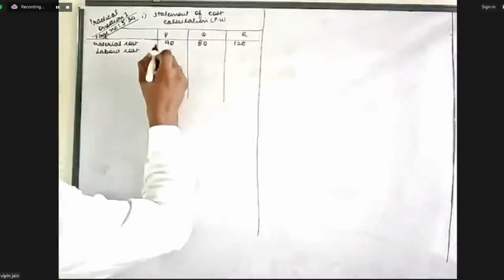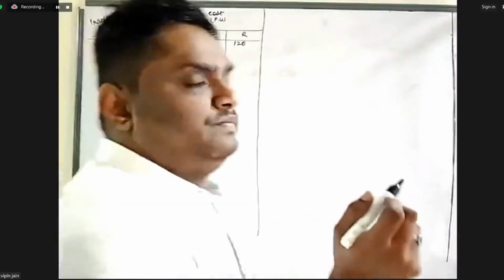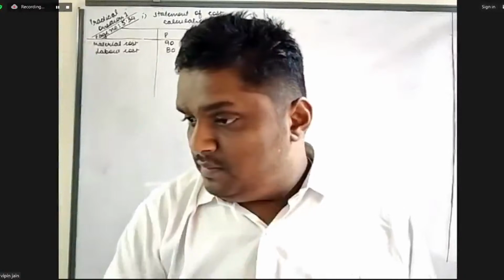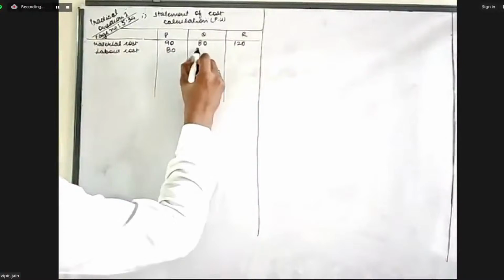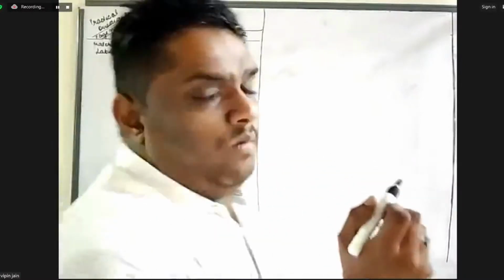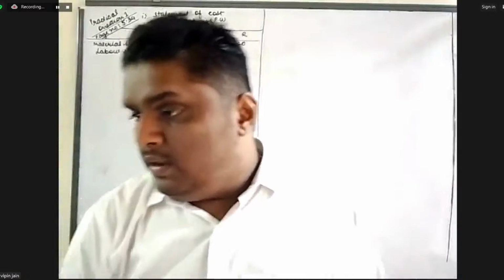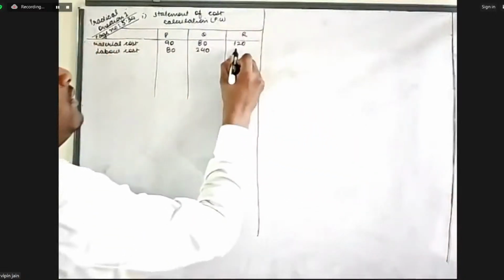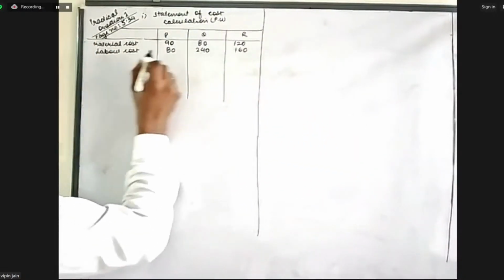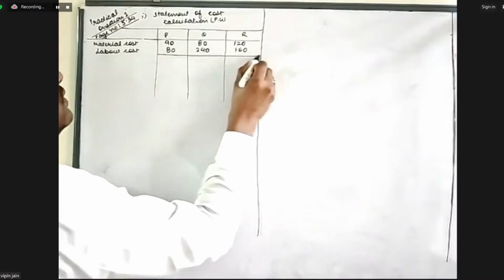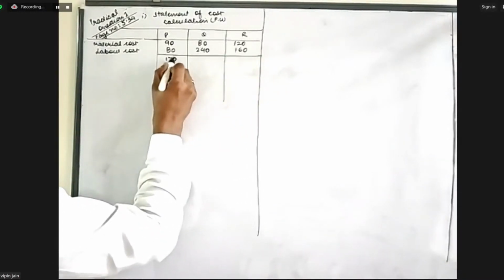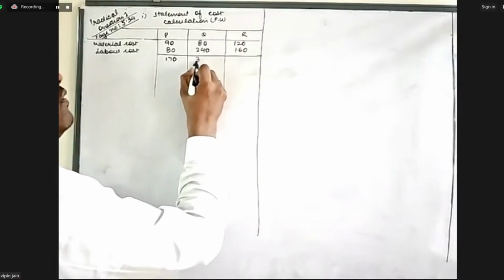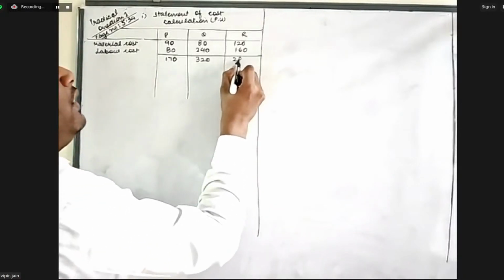So 4 into 20, this will be 80. 12 into 20, that will be 240. And this will be 160. Further, we'll calculate the prime cost also: 170, 320, and 280.